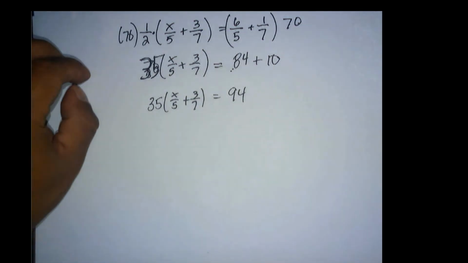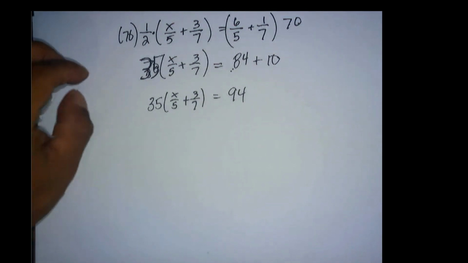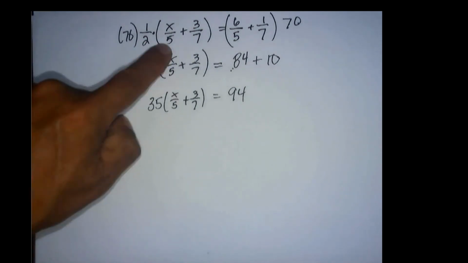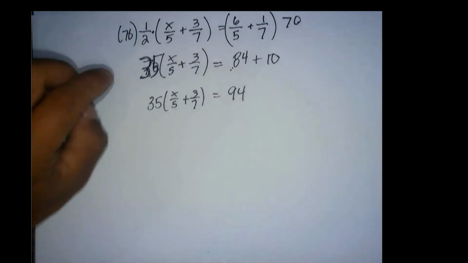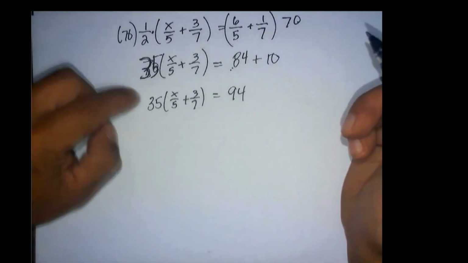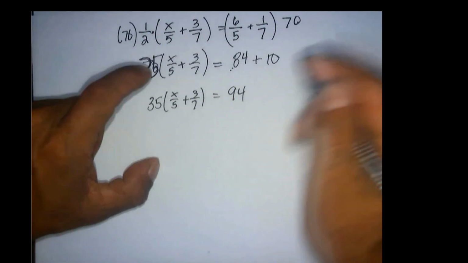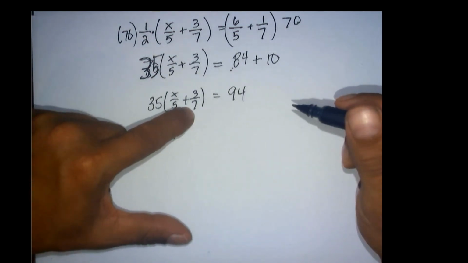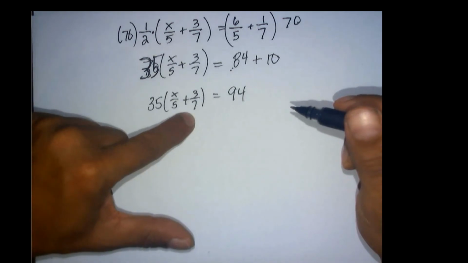It doesn't always work pretty like this, but sometimes. If these are different numbers, it's going to be ugly. But 35 divided by 5 is 7 times x is 7x. 35 divided by 7 is 5, times 3 is 21.